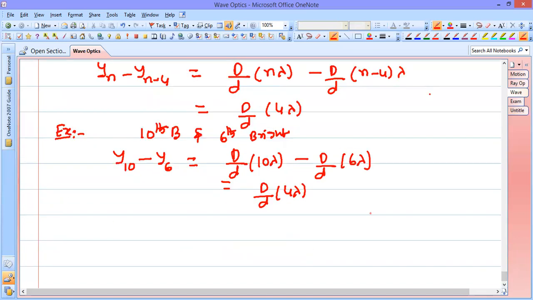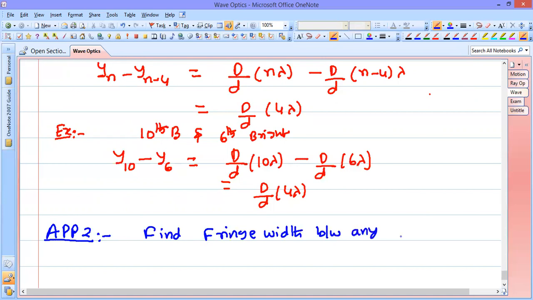Now, the second application. Here I need to find the fringe width between any two dark fringes.